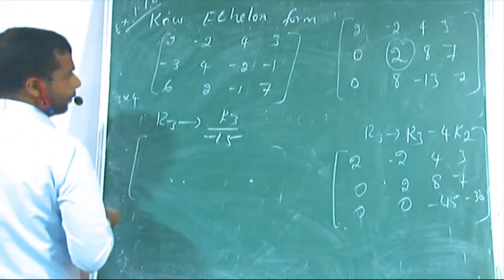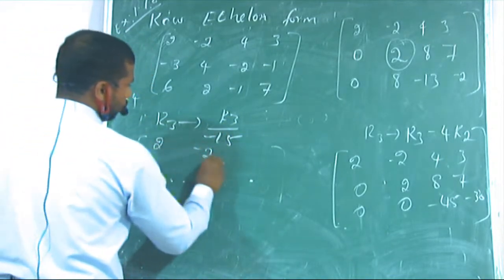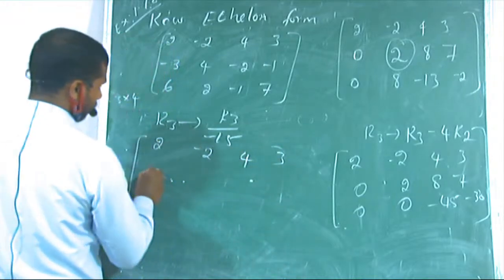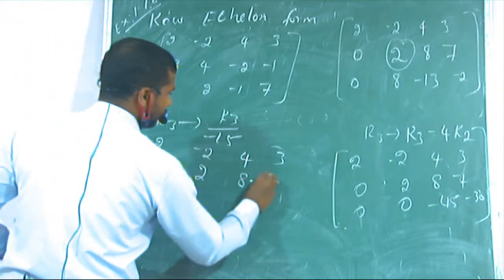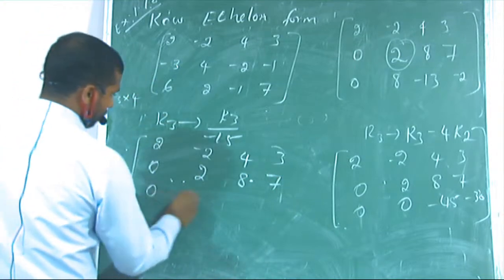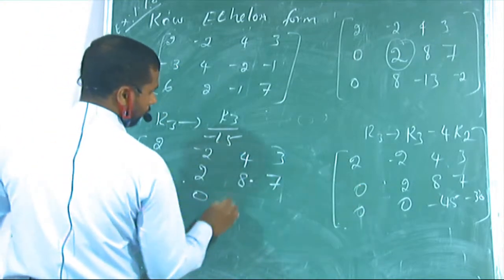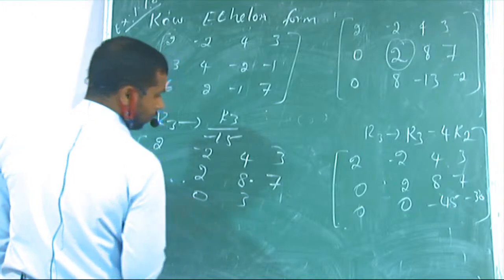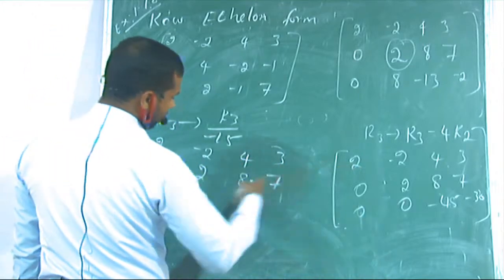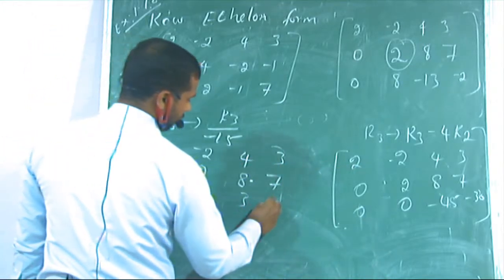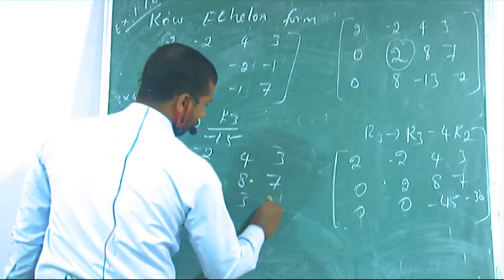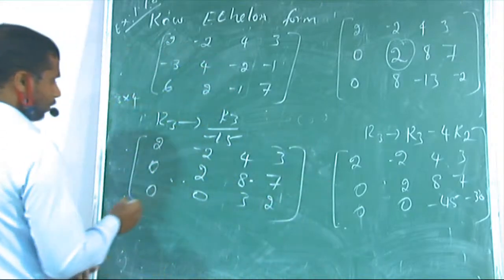What will happen? R1, R2 as it is: 2, minus 2, 4, 3, 0, 2, 8, 7. Then minus 45 divided by minus 15: minus minus cancel, 3 times possible. Then minus 30 divided by minus 15: minus minus cancel, 30 divided by 15 means 2 times. Okay, that is our final answer.